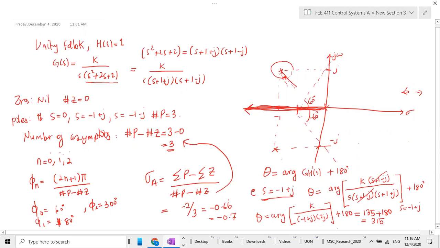So this point will depart at 135 degrees like that, which is the same as minus 45. If you have here minus 45, that is equivalent to 315. So the angle here also, if this is minus, then the angle here is 45.